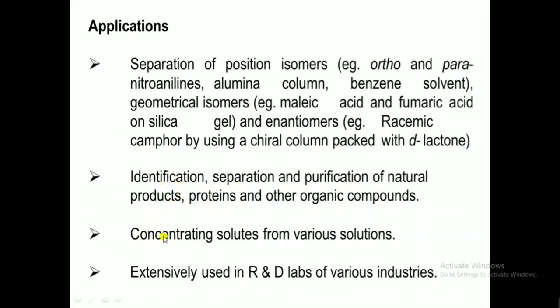The next application is concentrating solutes from various solutions. What do you mean by concentrating solutes from various solutions? For example, if you have a huge amount of mixture and you want to get the components separated, when you do a column chromatography separation, you will get your components separated. If your mixture has 5 components, then you will get 5 beakers with 5 different components.